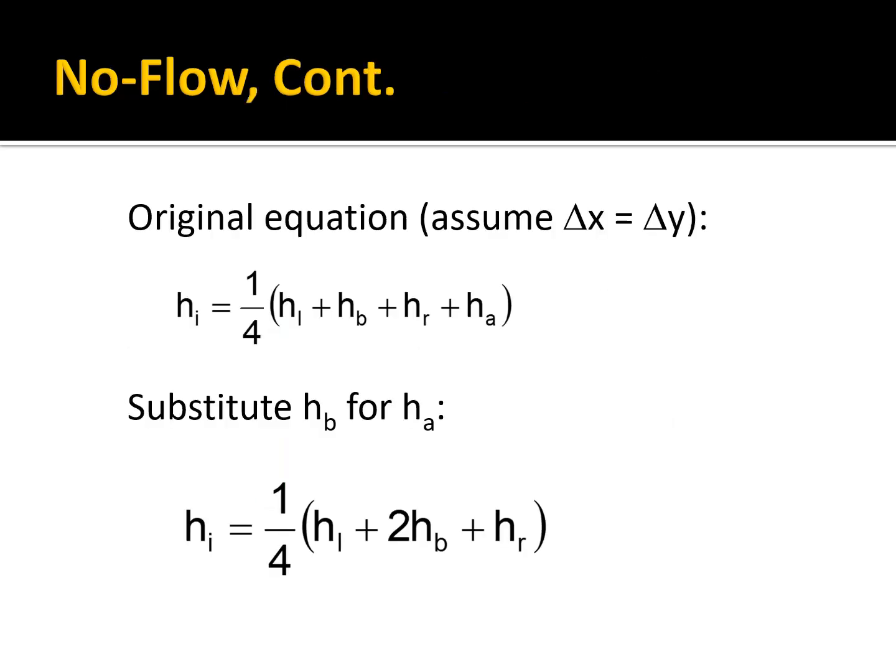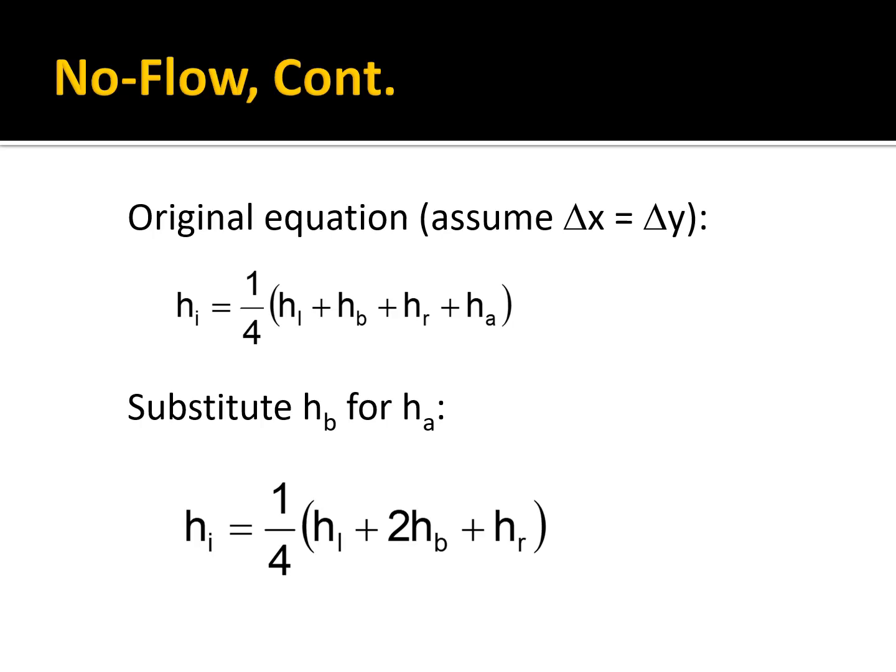Therefore, if we go back to our original equation, and this is the simplest version of it that has delta x equal delta y, if we simply substitute H sub B for H sub A, since H sub A is equal to H sub B, we end up with 2HB here. This is the proper equation for that node.